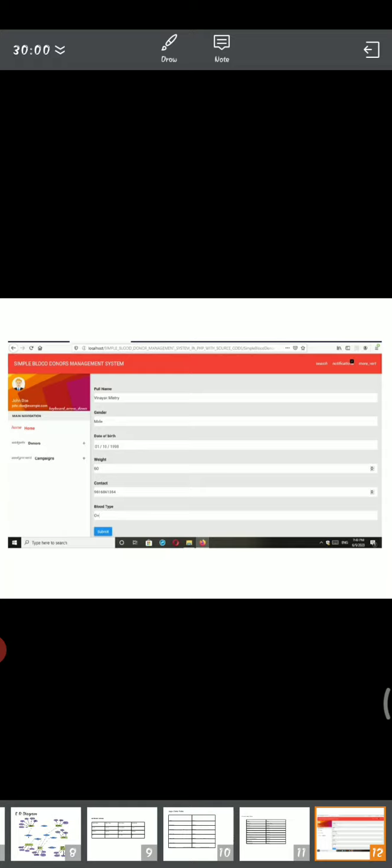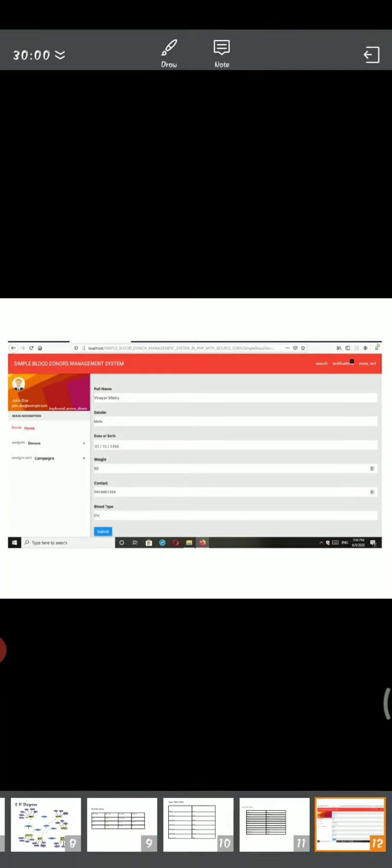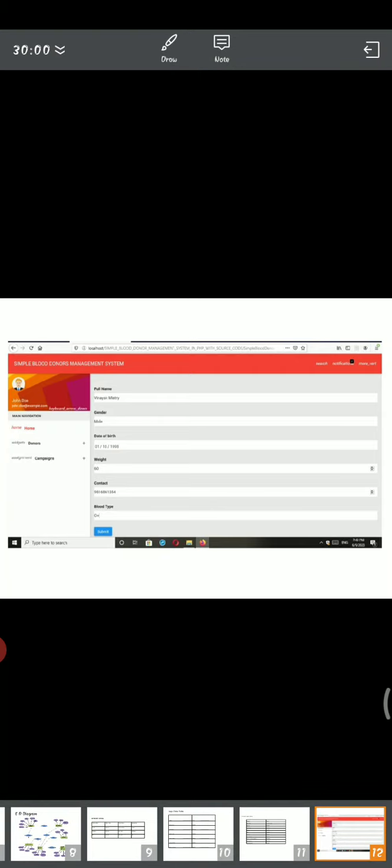First of all, there is a form to insert the name, where donors can fill in all their information: full name, gender, date of birth, weight, contact, and especially blood type. And the submitted data is saved, as shown in the next screenshot.